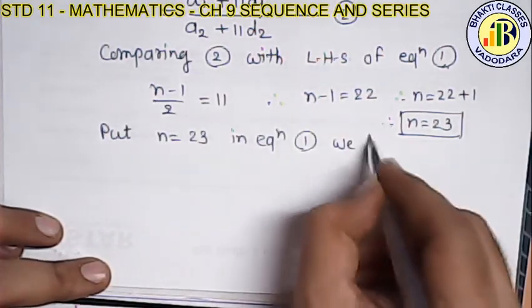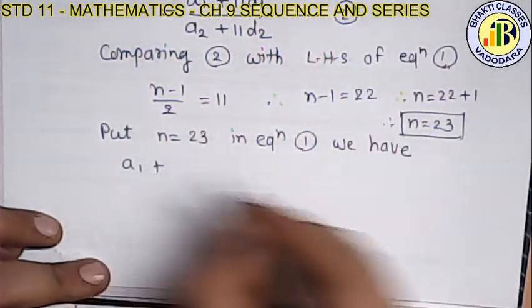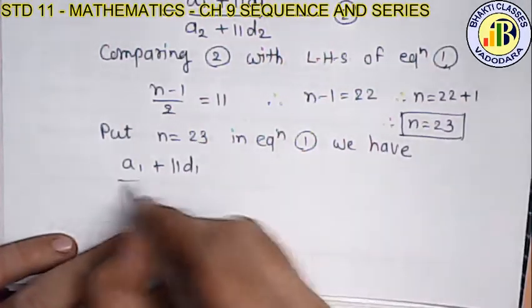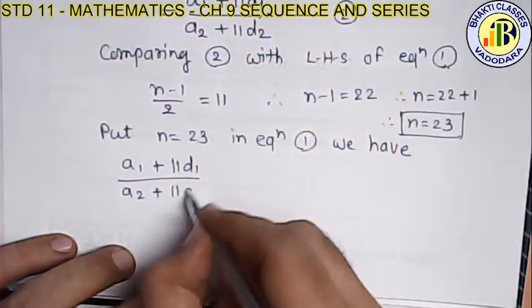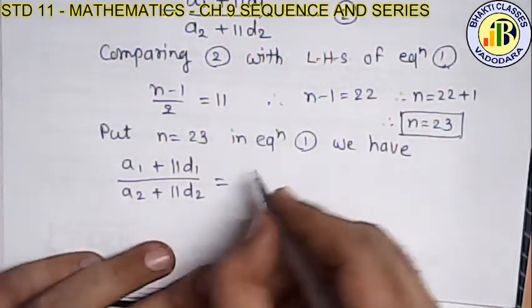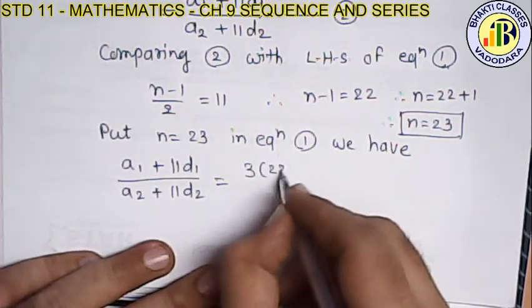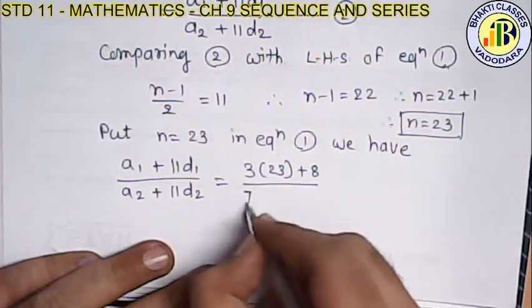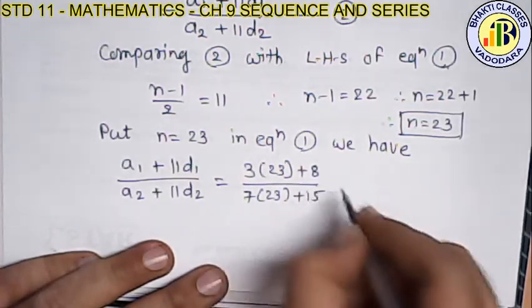We have (a1 plus 11 d1) upon (a2 plus 11 d2) is equal to (3 into 23 plus 8) upon (7 into 23 plus 15).